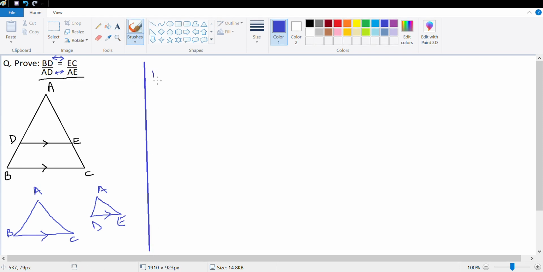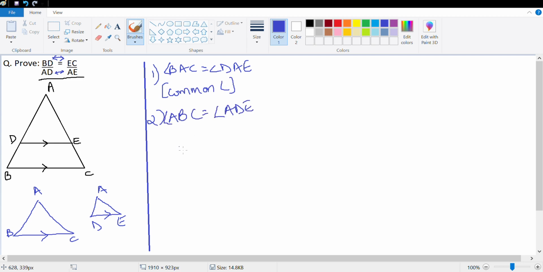We've done these kind of questions earlier, so angle BAC is equal to angle DAE. Reason, this is the common angle. Next, angle ABC is equal to angle ADE. Reason is these are corresponding angles since BC and DE are parallel to each other.